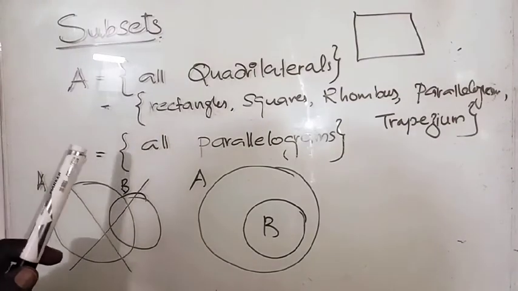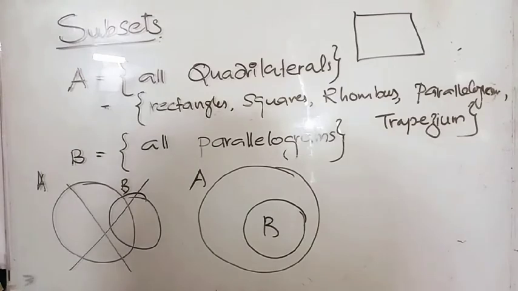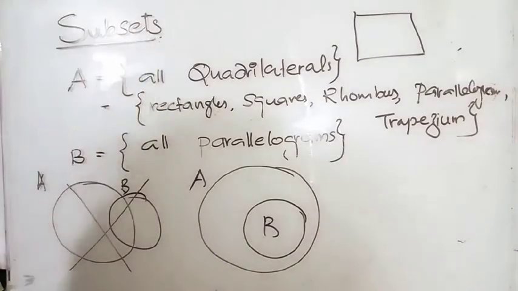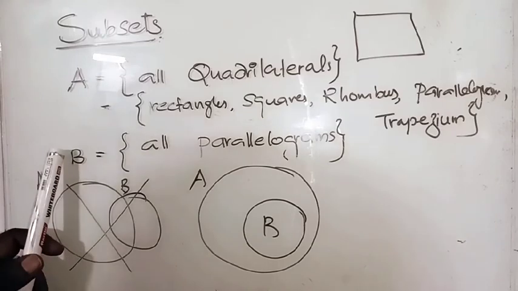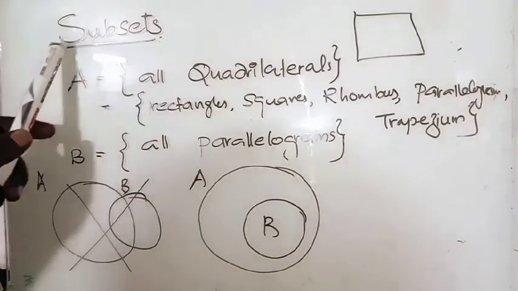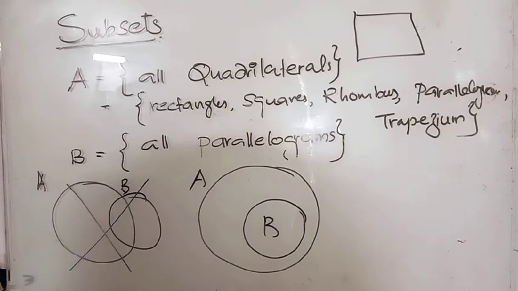Here we can say B is the subset of A. It's very simple. It's a part of a set. Then A is known as the superset, and we use the superset as the universal set also.